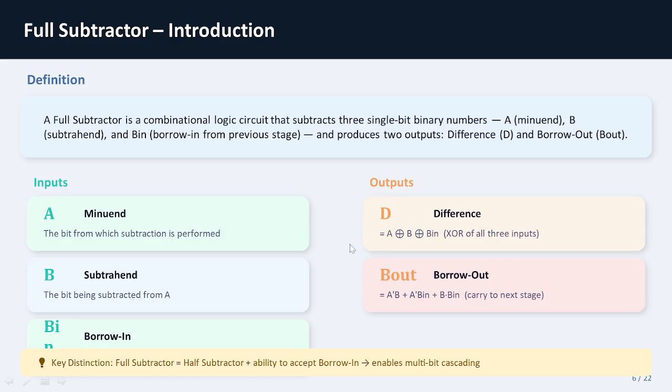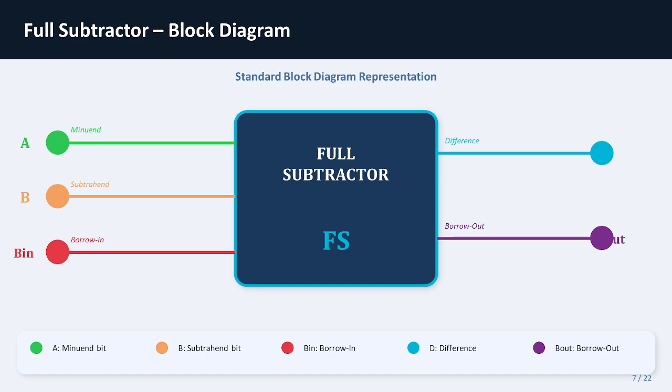So how are we going to write a Boolean equation for the outputs? We will get an idea once we understand the truth table. If you see the truth table, you will understand how to write the Boolean equation. This is what the block diagram of our full subtractor looks like: three inputs, two outputs.